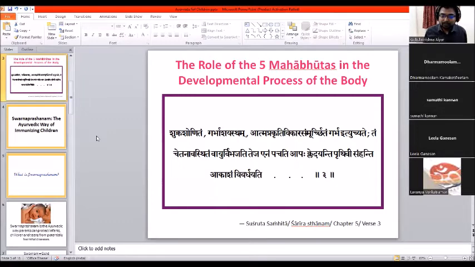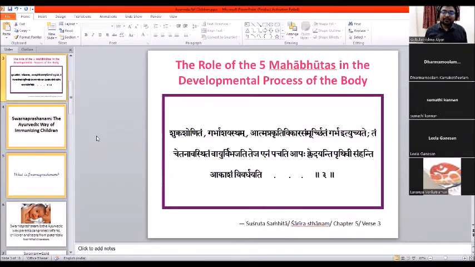Some children are born with birth defects. All of these will be absent when Vyanavayu within the embryo functions properly, and when the dhatus within the embryo and fetus function properly. So that is very important.